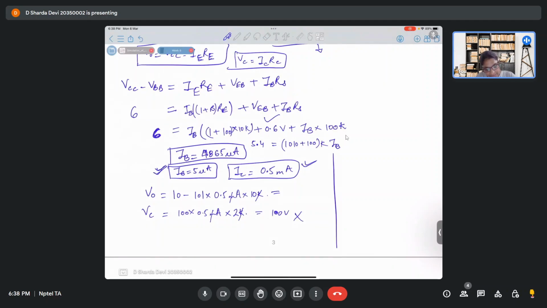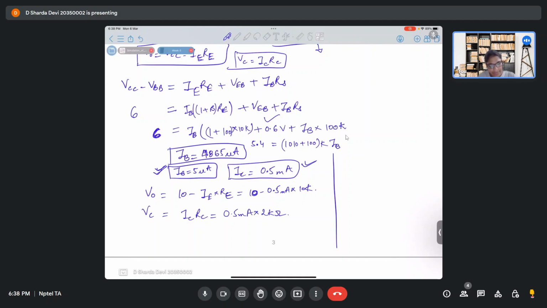IB is 5 microamperes, IC is 0.5 milliamperes, which makes your V out 10 minus I into RE, which is 10 minus 0.5 milliamps into 10k, and VC will be IC RC, so it is 0.5 milliamps into 2 kilo ohms.